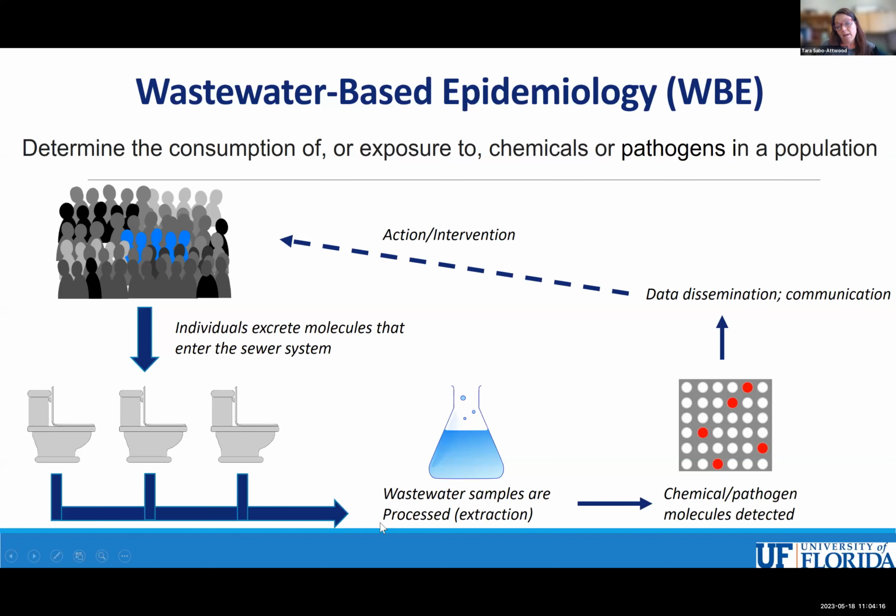We are able to sample in different areas within that sewer network. And then using various technologies, we're able to detect and in many cases quantify the amount of chemicals or pathogens that have been excreted into that wastewater sample. We then do analysis and disseminate data to end users.